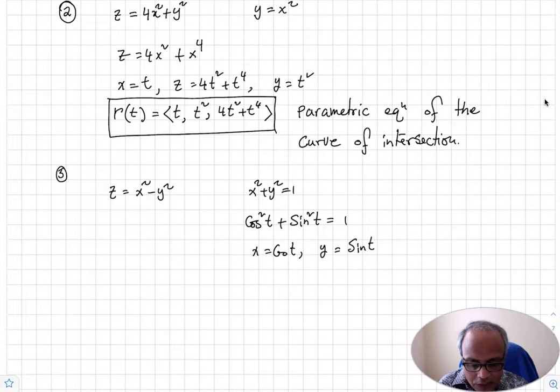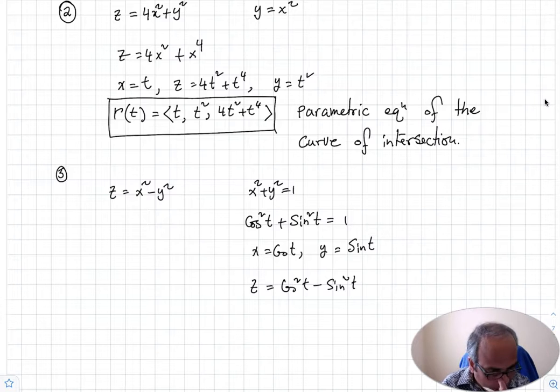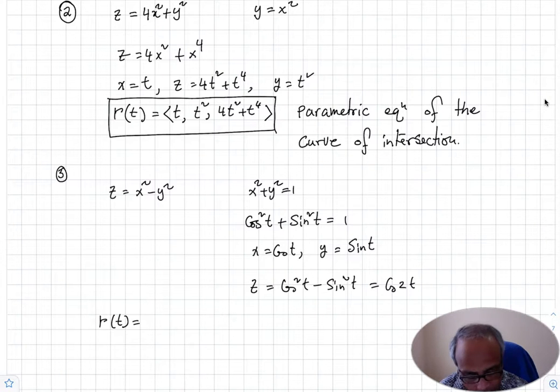And then now you look at the other equation, z equals x square minus y square. You can imagine what I'm going to get: cos square t minus sin square t. Well, this is the common trig identity, which equals cos 2t. So I have a parameterization r of t equals cos t, sin t, and cos 2t.